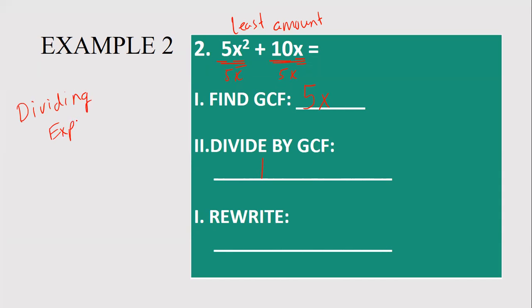Dividing exponents means you are subtracting. So what is 2 minus 1? 1x. 10 divided by 5 is 2. And 1 minus 1 is 0.